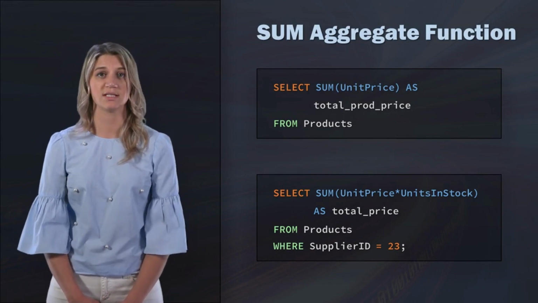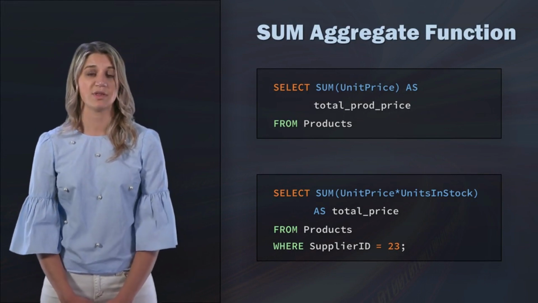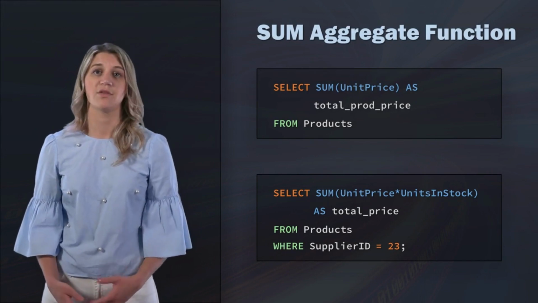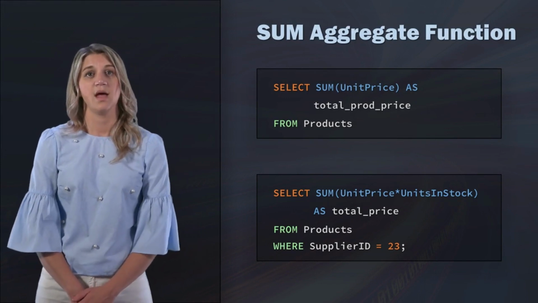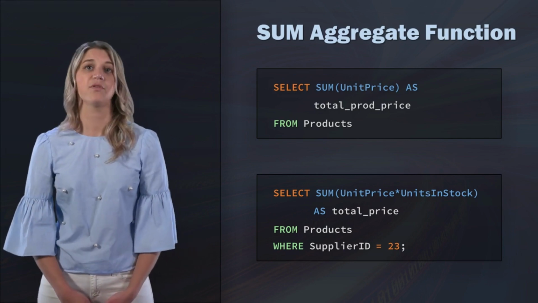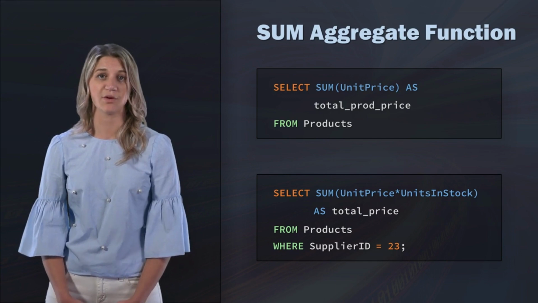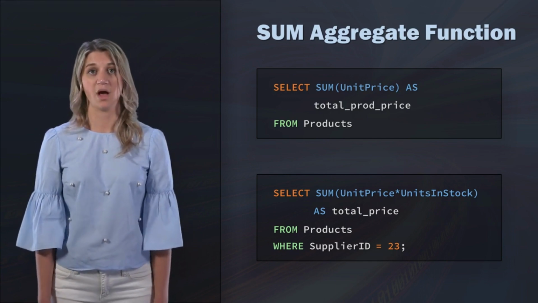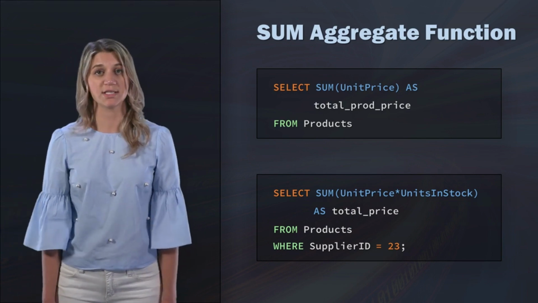Finally, we have the sum aggregate function. Again, you can use this in a similar fashion as with the other aggregate functions. Go ahead and state sum, the column that you want to sum, and what you want it named as, and then where you want it from. For this, we can also add these together with some of your math calculation functions. For this example, I want to look at the unit price and units in stock.